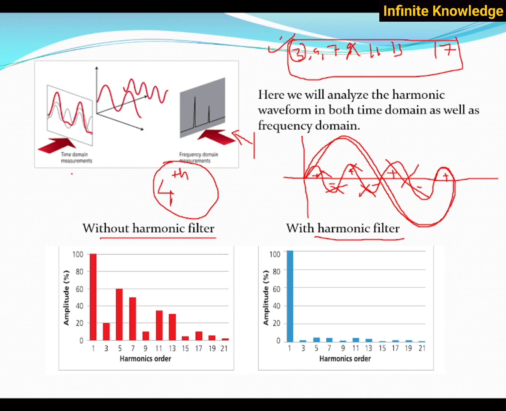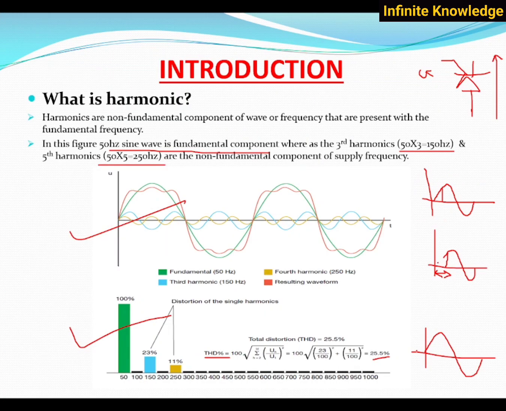So for the even-numbered harmonics, the positive and negative cancel out each other, but for the odd harmonics there is always some resultant magnitude present in the system, and that superimposes on our fundamental frequency and finally spoils it. I hope you understand what harmonics are this way.